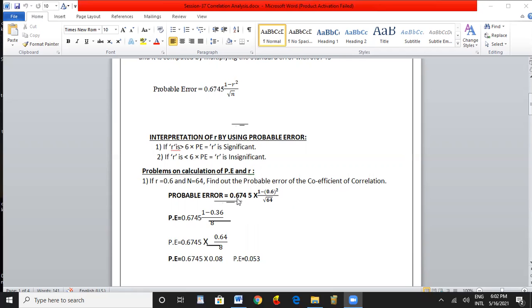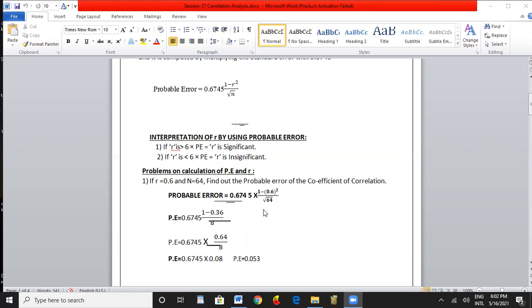Probable error is equal to 0.6745 into (1 minus R squared) divided by root n. R means the correlation coefficient in the given series, which is 0.6, and n is equal to 64.